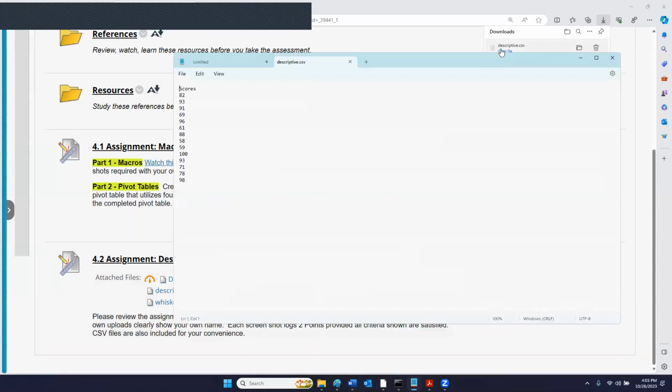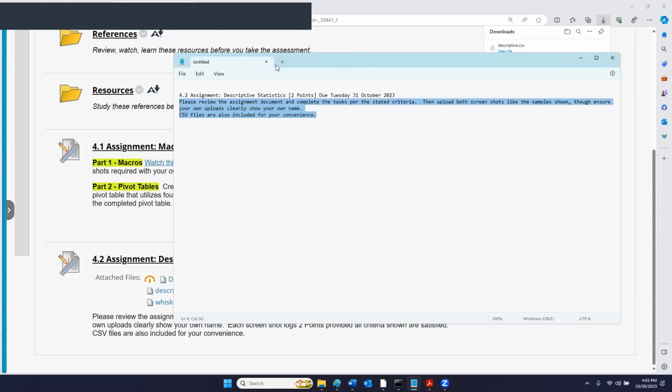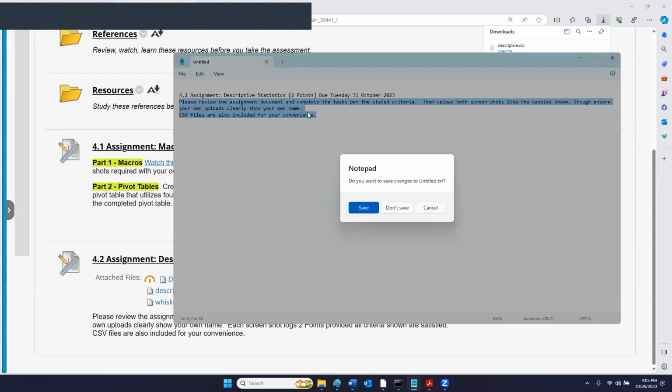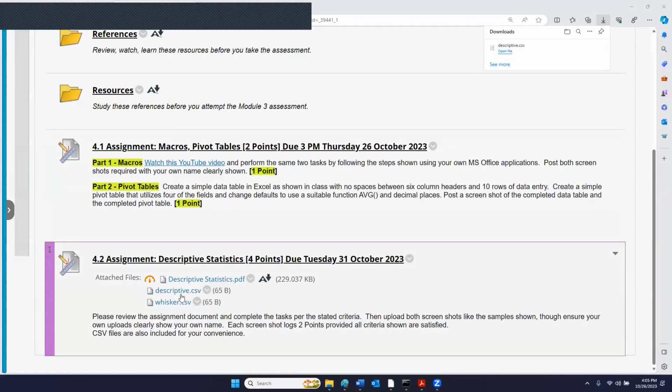Yeah, I do. So I give you a set of scores, that's what this CSV file is. You don't have to put something in there. I give you the data to work the exercise with.